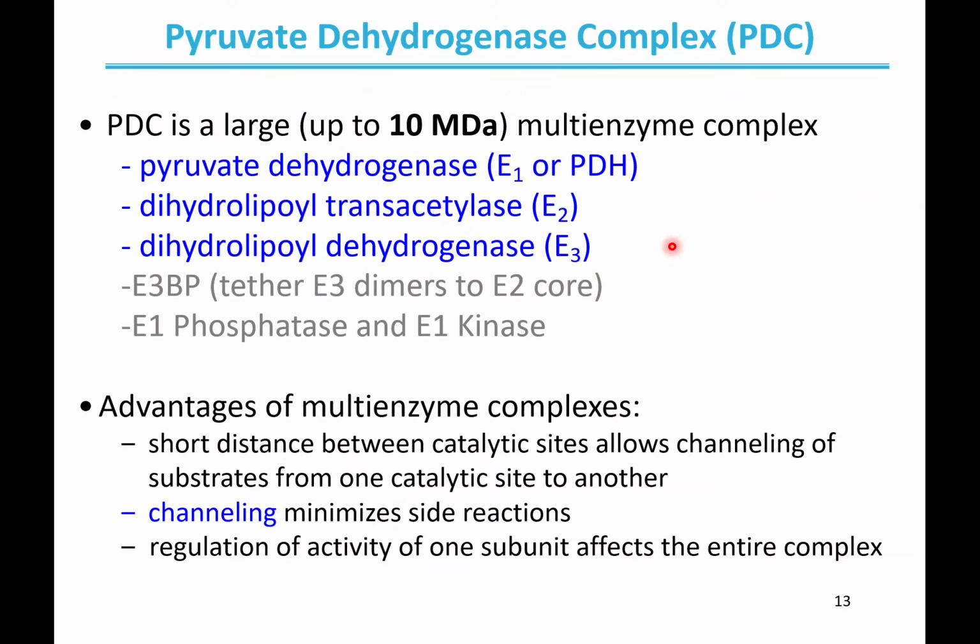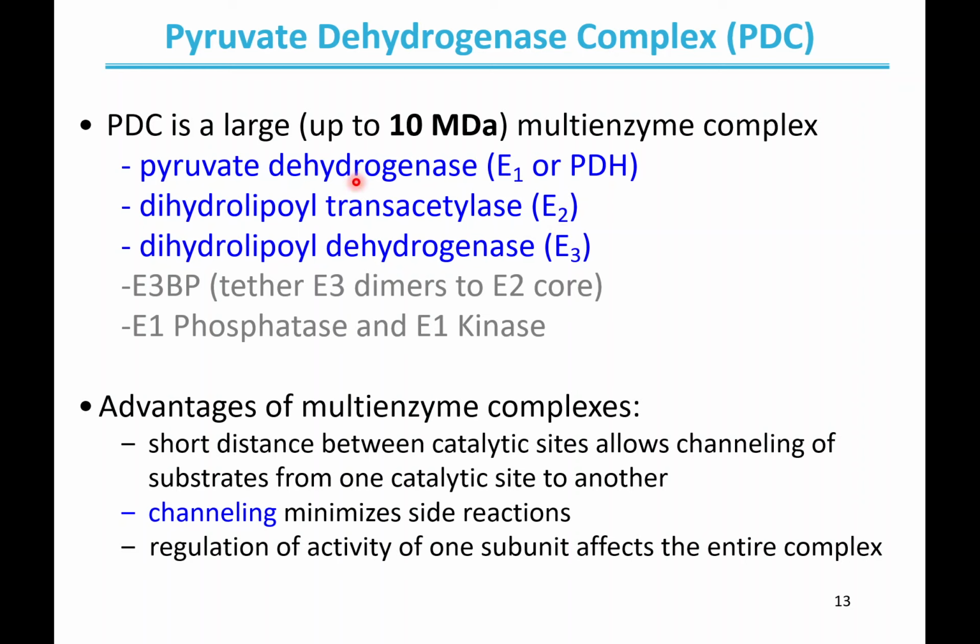So the pyruvate dehydrogenase complex is extremely large. It's up to 10 million Daltons in weight, and it's multi-enzyme. We've mentioned this just briefly, but there are 3 main enzymes involved in it: E1, E2, and E3.